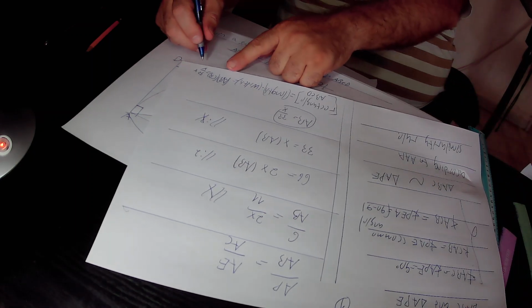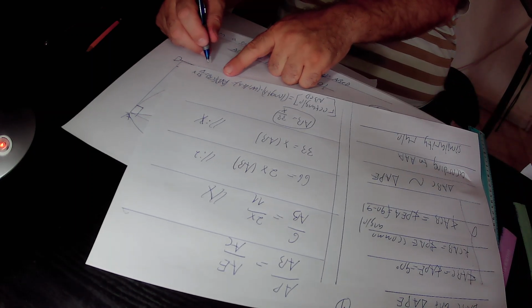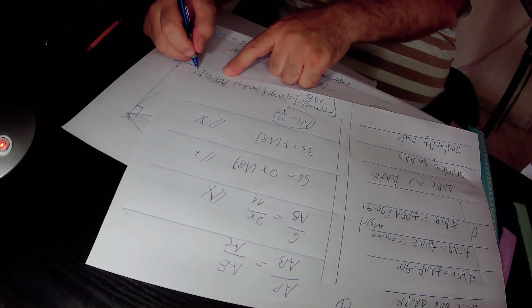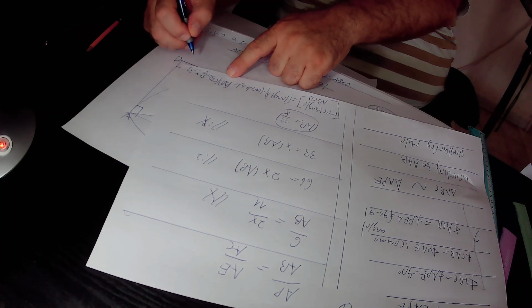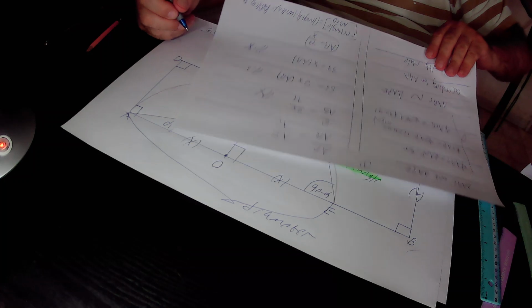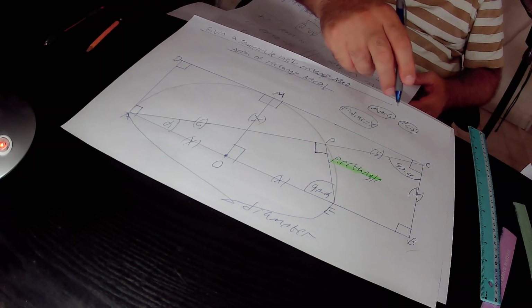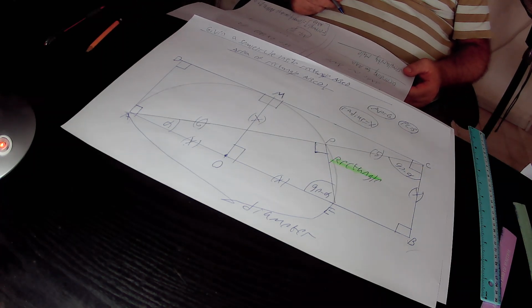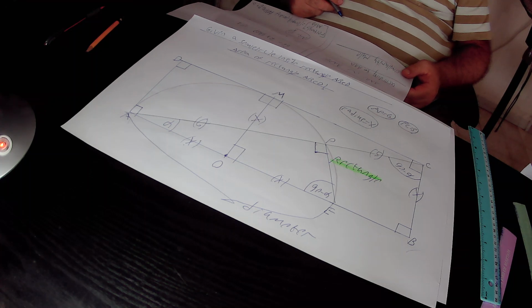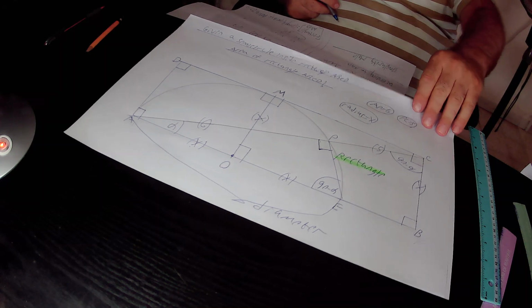So we have x in the numerator and x in the denominator, so x will get cancelled, and we are left only with 33. So the area of this rectangle ABCD is equal to 33 square units. So we finished with the first question. In the next step, I will present to you the second question, and we'll solve the second question of this lecture.